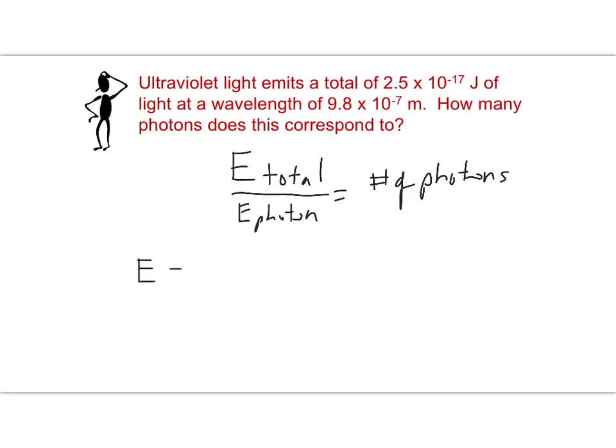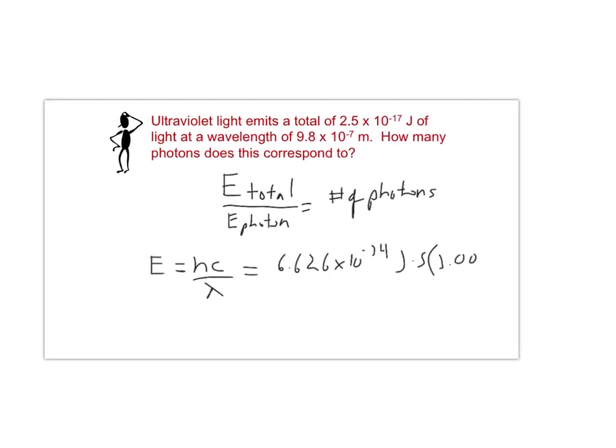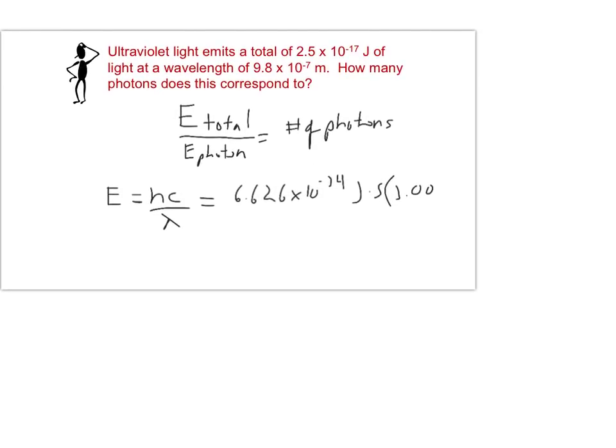When you're given a wavelength, you use the formula hc over lambda. Lambda is the symbol for wavelength, h is Planck's constant, and c is the speed of light. Make things a little smaller, provide some room. Meters per second.